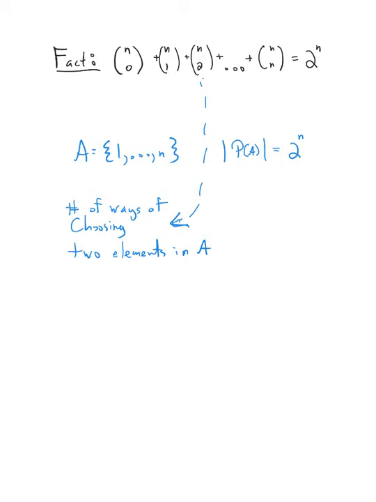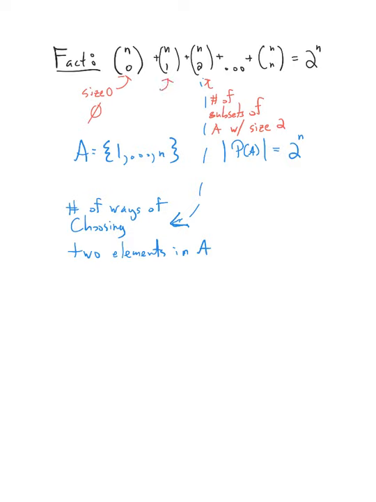So this here is the number of subsets of A with size 2. And then similarly, if we pick no elements, it's the number of subsets of A with size 0, and we know there's exactly one of those. It's the empty set.